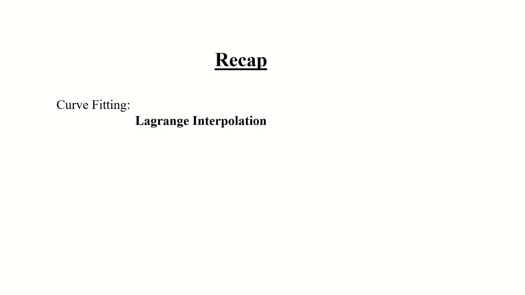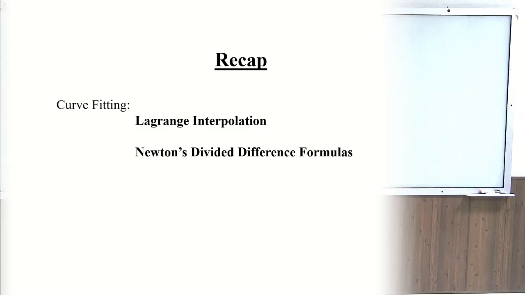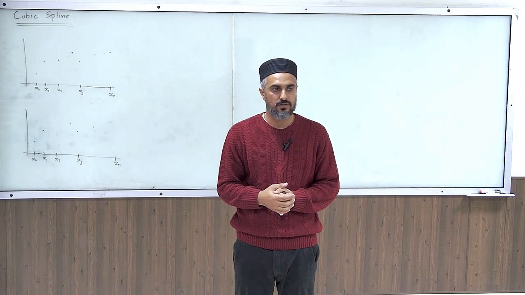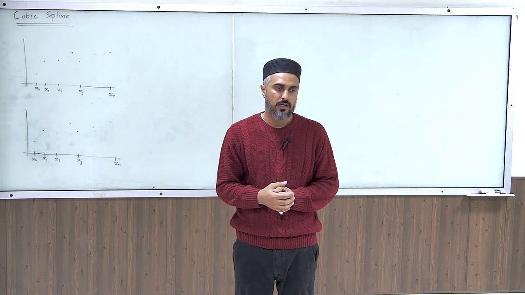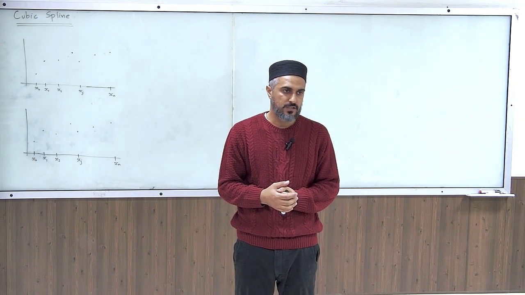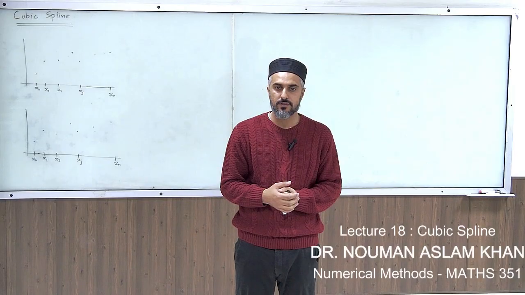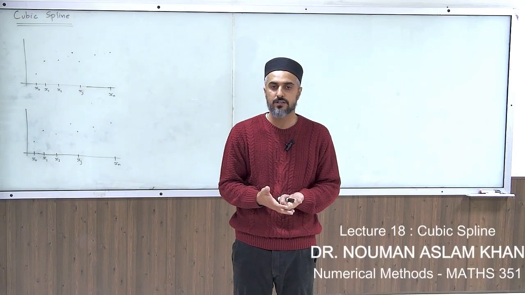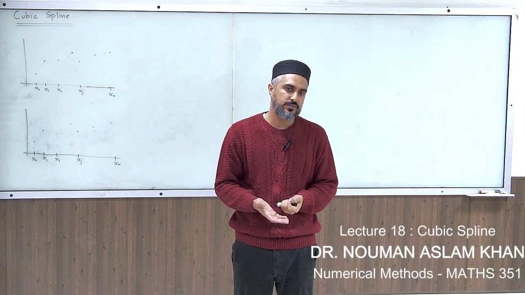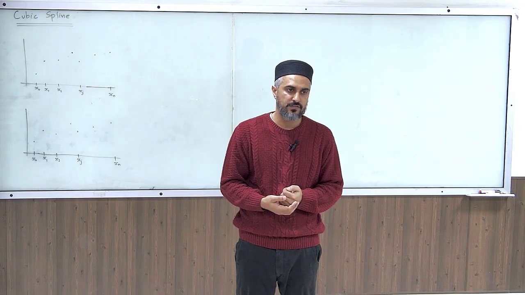And we have seen the alternative form, which is more systematic in calculations, the Newton divided difference formula, in the last lecture. It has three forms, namely forward difference, backward difference, and central difference. Depending on where you wish to find the interpolated value in the given data, you can use the respective divided difference formula.